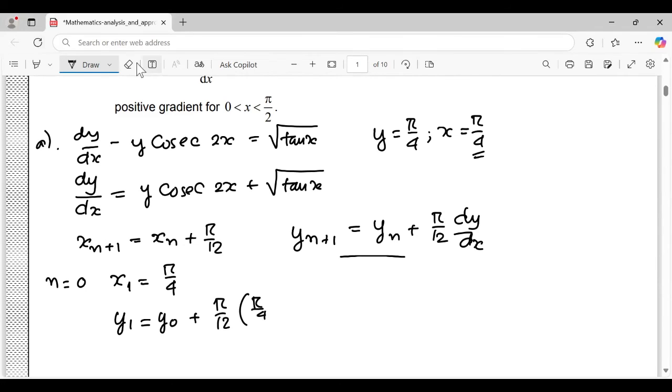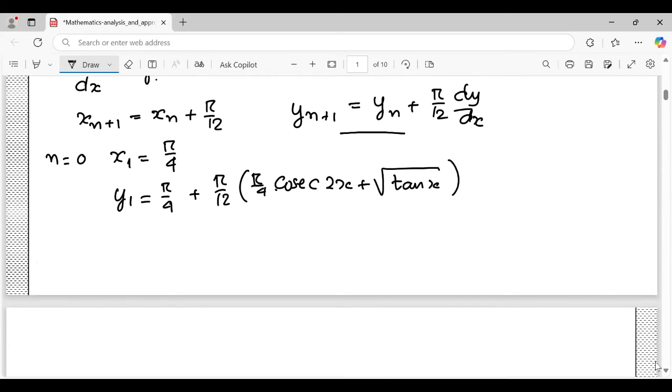So it's going to be pi over 4 plus pi over 12 times (y cosecant x plus square root tangent x).